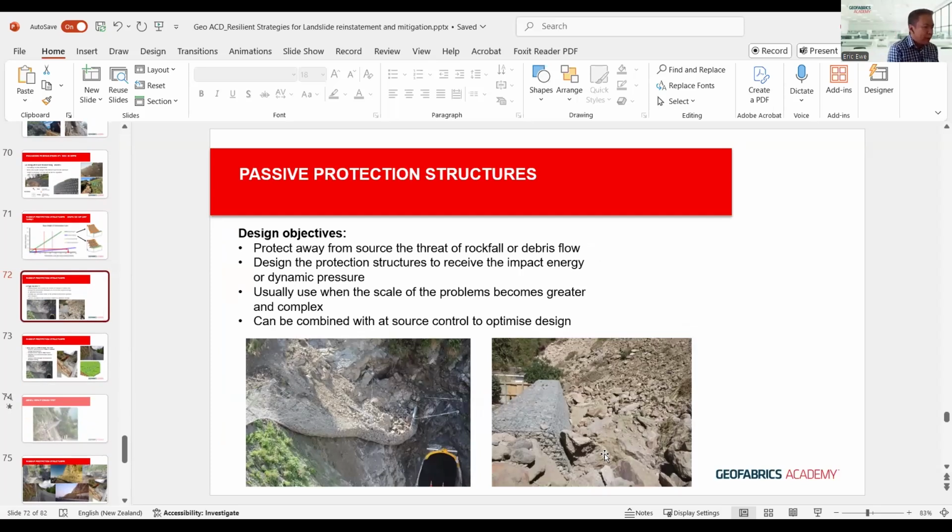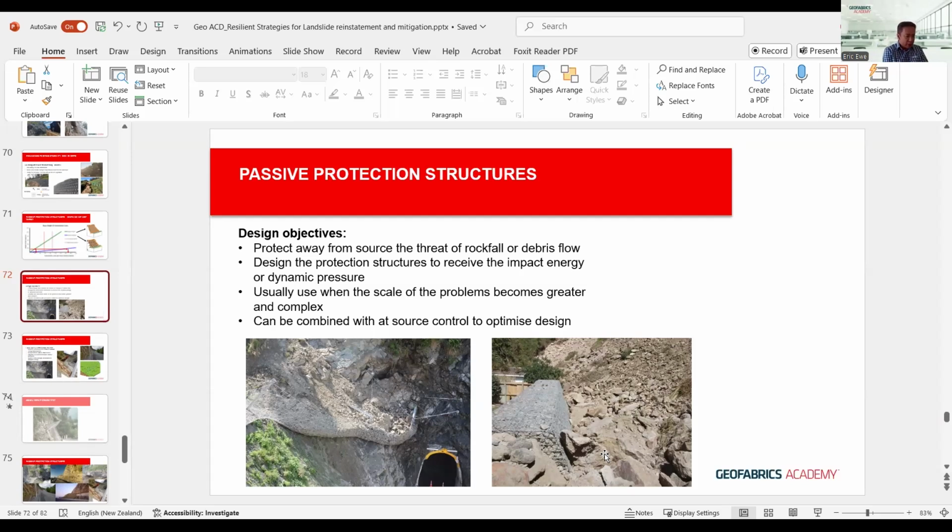The second question comes down to clearing the rock. Under a maintenance schedule for passive protection structures, as soon as there is some debris collected at the back of the structures, it makes sense to clear it quite immediately.